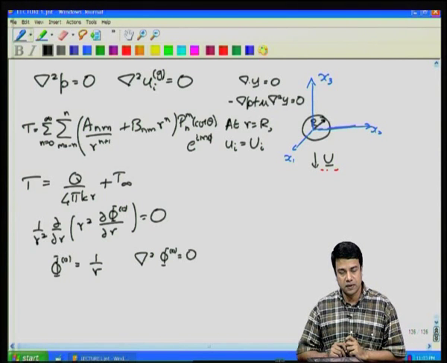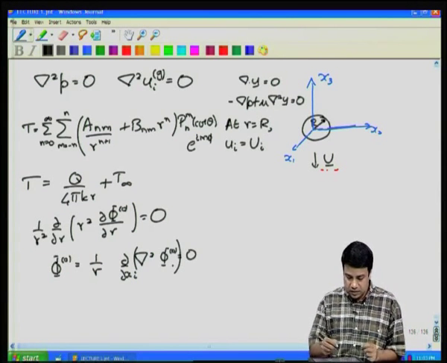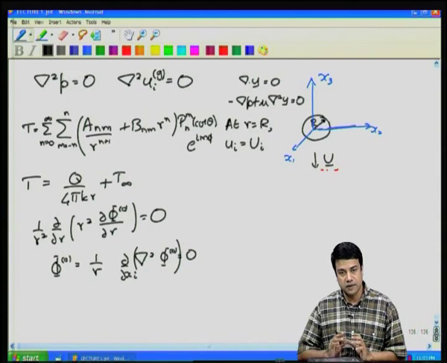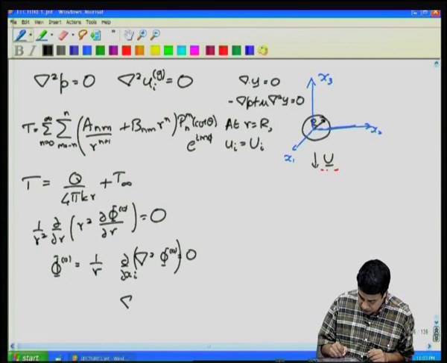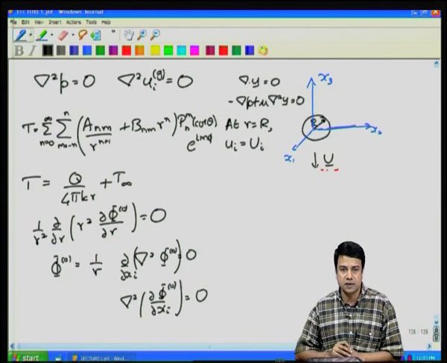To get a vector solution, I take the gradient of this entire equation. This is still equal to 0. If del square phi naught is equal to 0, its gradient is also equal to 0. Therefore, you get del square partial phi naught by partial x i equal to 0, just by interchanging the order of differentiation.